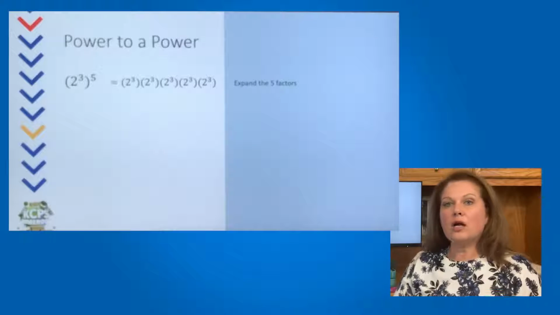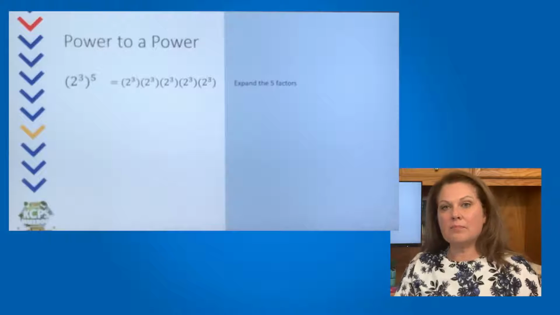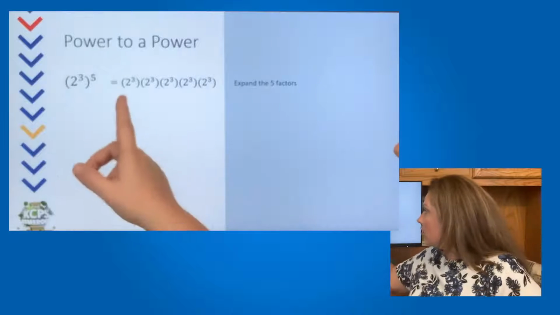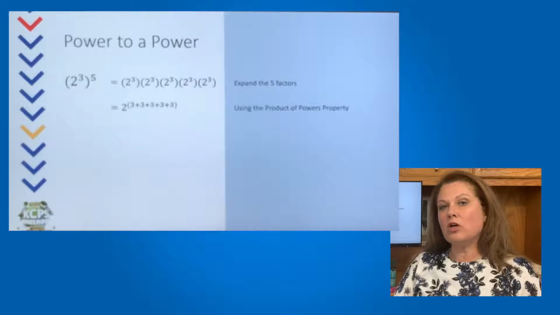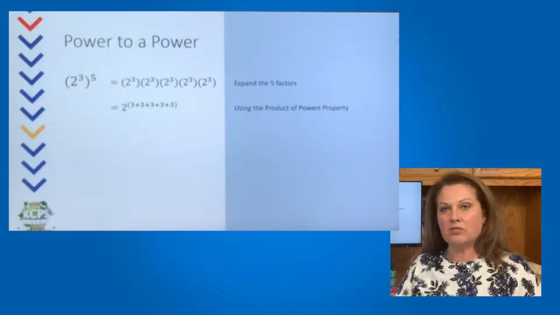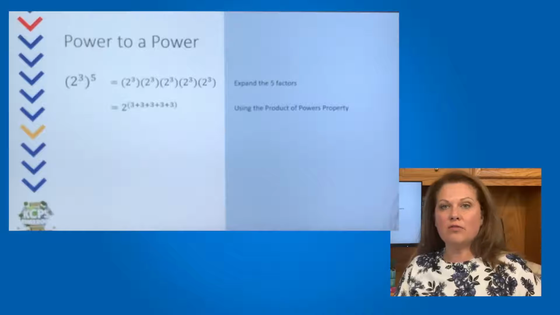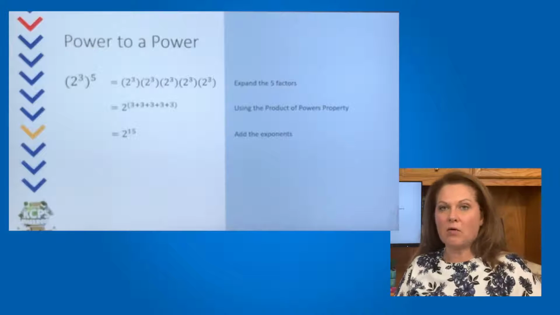Now remember, product of powers, we can simply add our exponents if we have the same base. We have the same base of 2, so that would look like 2 to the power of 3 plus 3 plus 3 plus 3 plus 3. If you add all of those exponents together, you would get 2 to the 15th power.